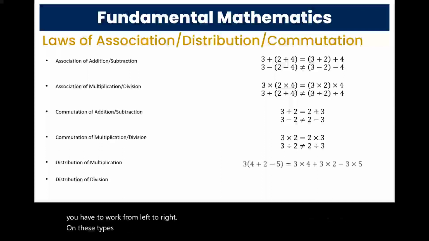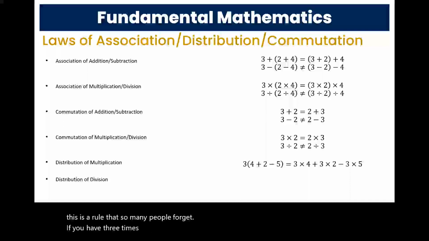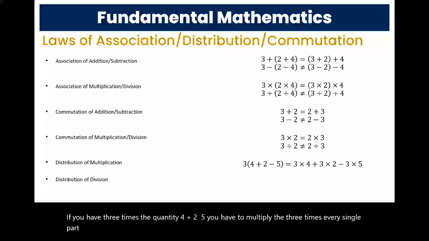And then distribution means things can multiply through. And this is a rule that so many people forget. If you have 3 times the quantity 4 plus 2 minus 5, you have to multiply the 3 times every single part of that quantity. So it's 3 times 4 plus 3 times 2 minus 3 times 5.